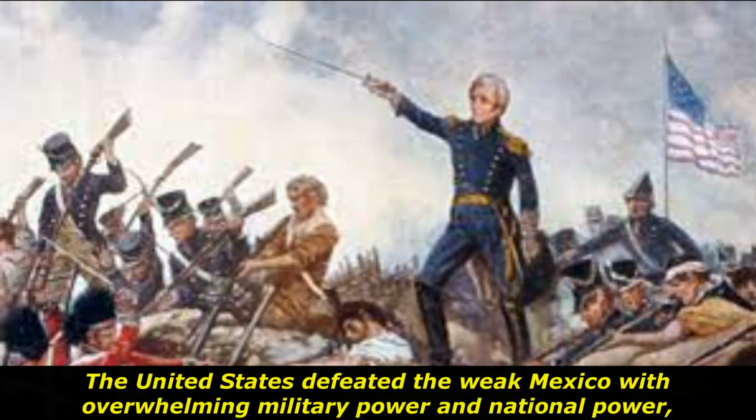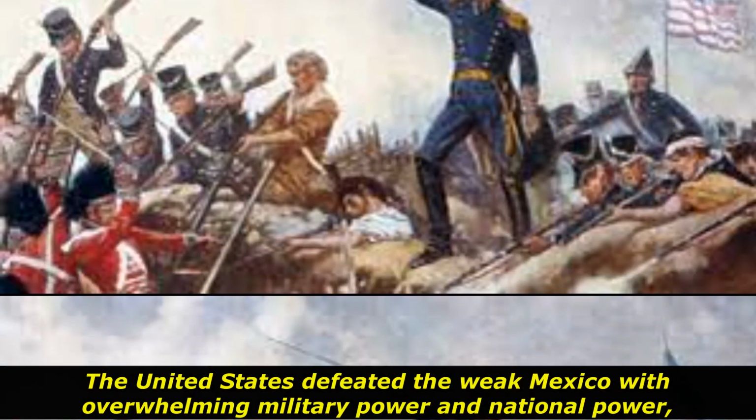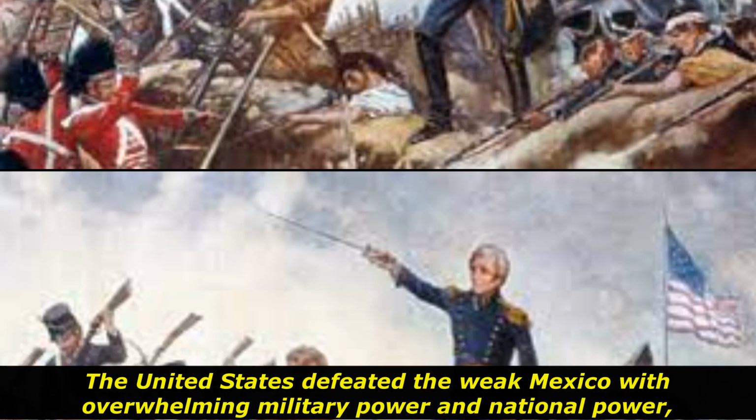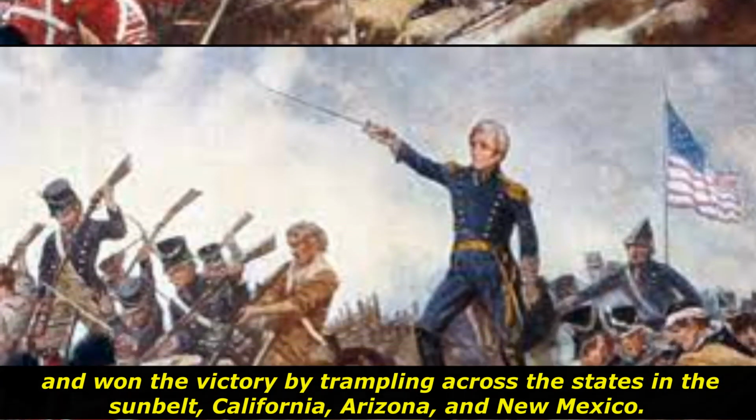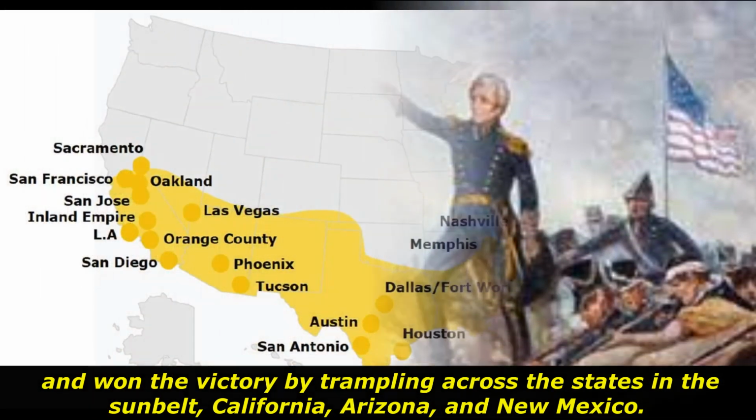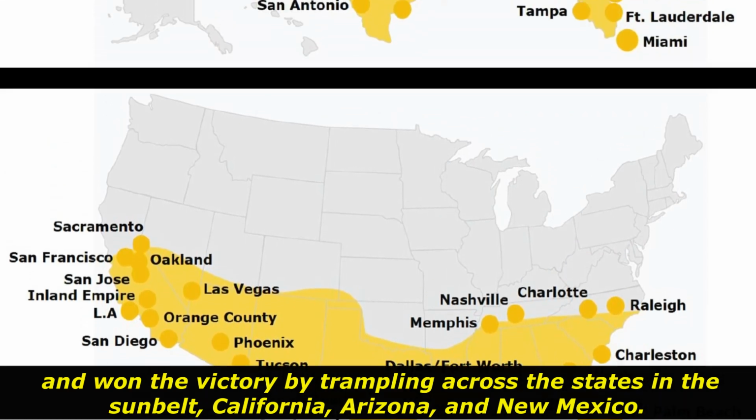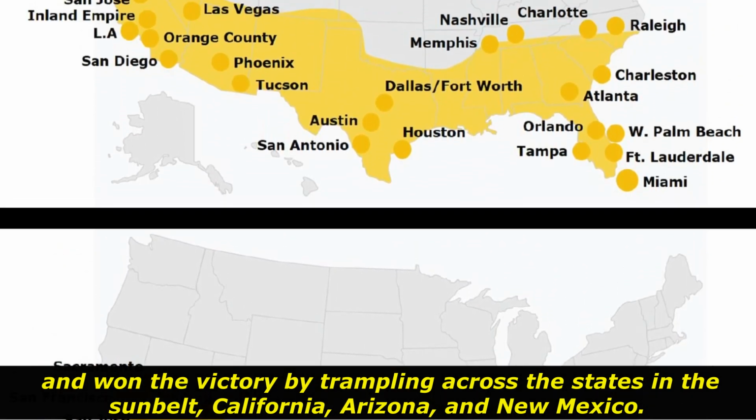The United States defeated the weak Mexico with overwhelming military power and national power, and won the victory by trampling across the states in the Sunbelt, California, Arizona, and New Mexico.